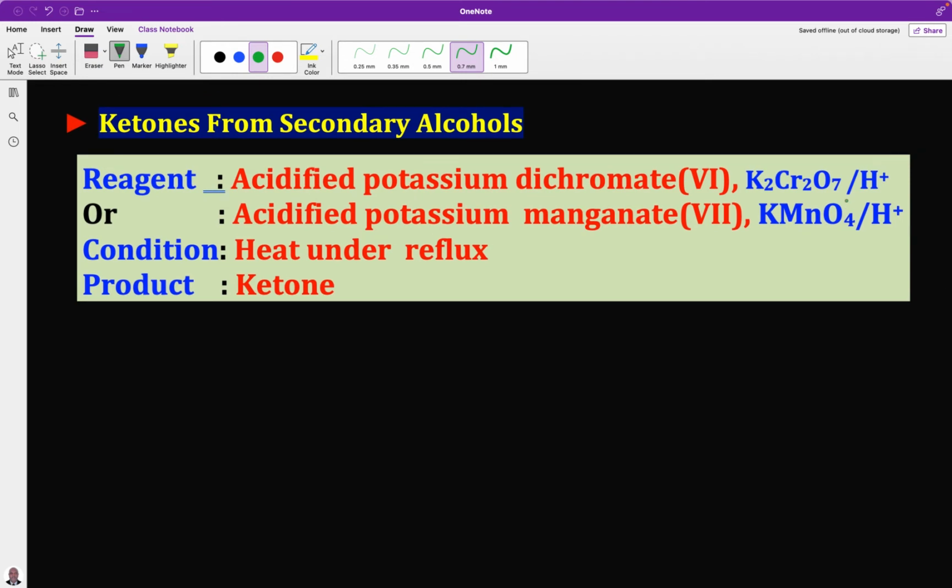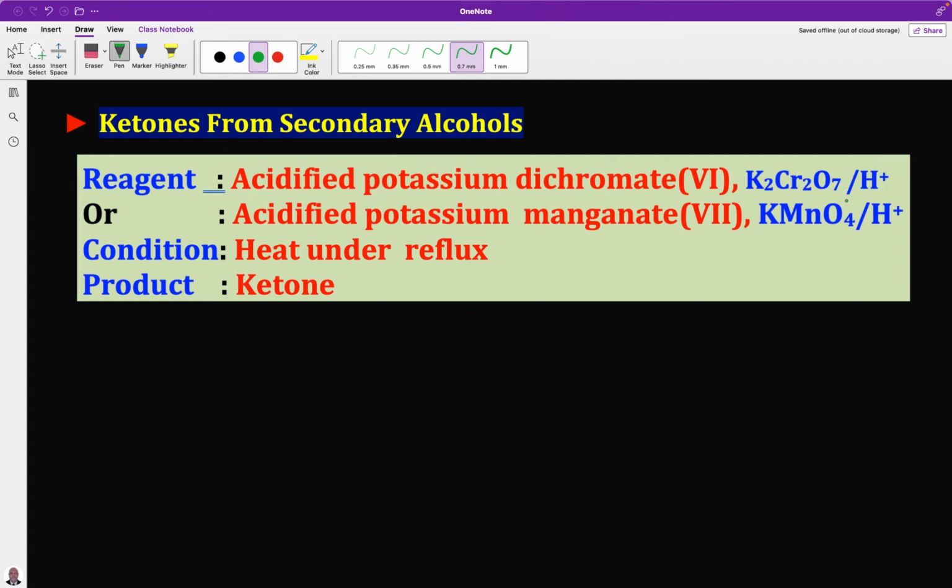Under the same condition, acidified potassium dichromate or acidified potassium manganate 7, heating under reflux, the product formed will be a ketone. What you need here is a secondary alcohol to produce a ketone.